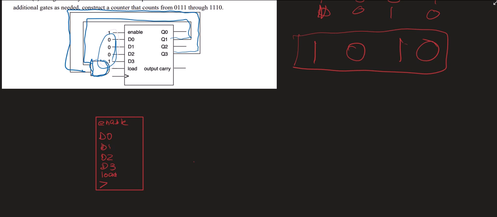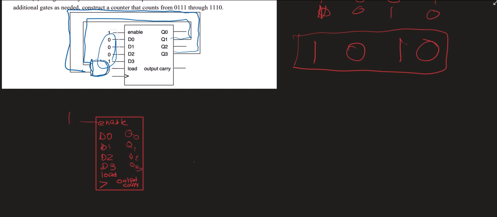The output carry is only what you would use if you were stringing together more than one counter. Like if you wanted, this is a 4-bit counter, if you wanted an 8-bit counter, you would use the output carry to connect two 4-bit counters, Q0, Q1, Q2, Q3.